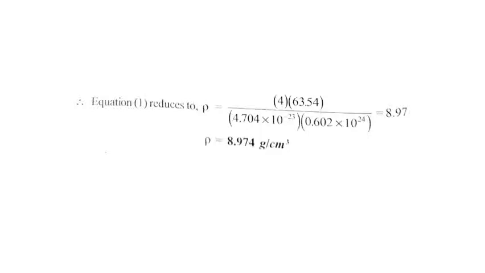So whenever it is with the gram, it should be in centimeter cube, and whenever it is in the meter, it should be in kg per meter cube. So only you should be very cautious with the units, okay. So whenever they give the units, make sure that all the things are in the same unit, okay.